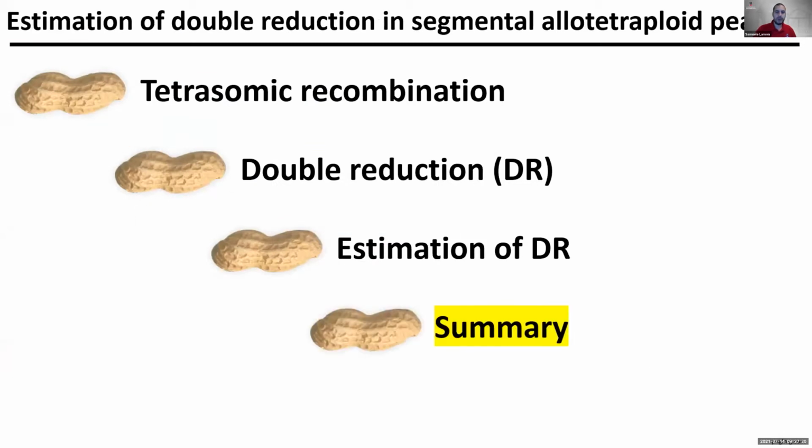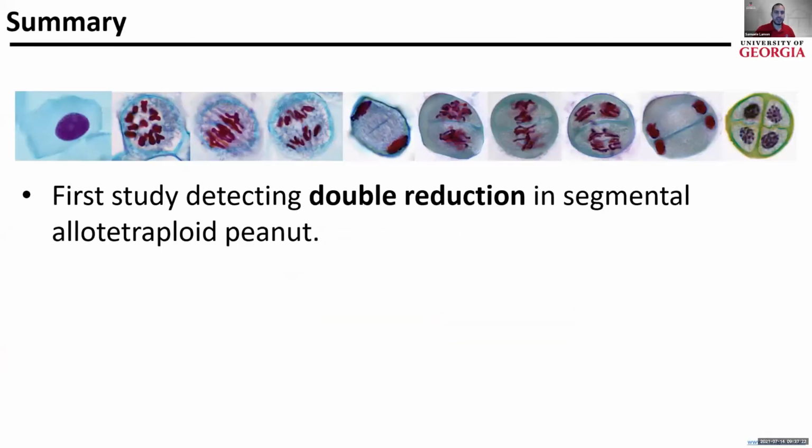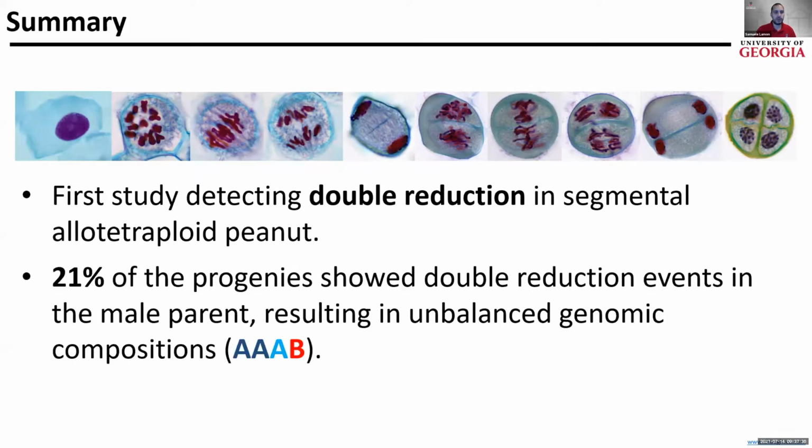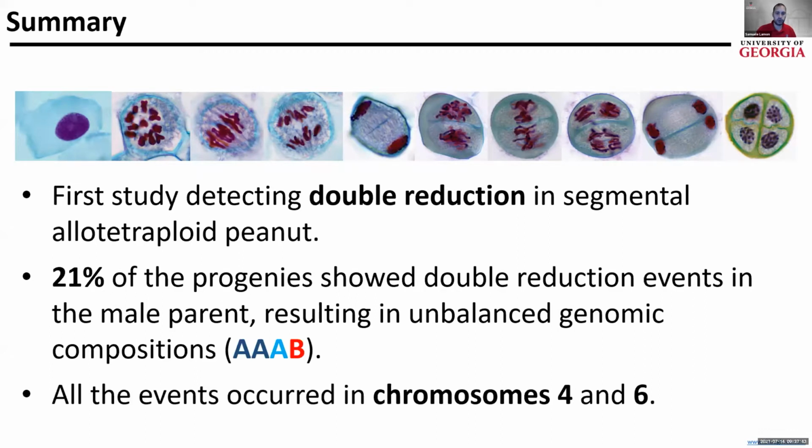In summary, this is the first study that detected the double reduction genetic phenomenon in a segmental allotetraploid peanut and, to our knowledge, the first study that detects double reduction in allopolyploid species. 21% of the progeny show a clear case of double reduction in the male parent, and all the events occurred in chromosomes 4 and 6.